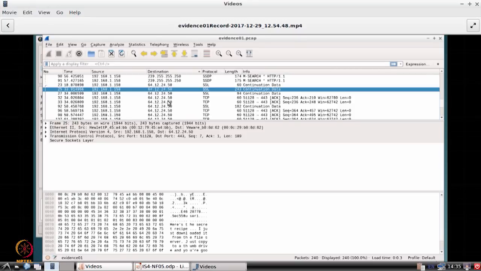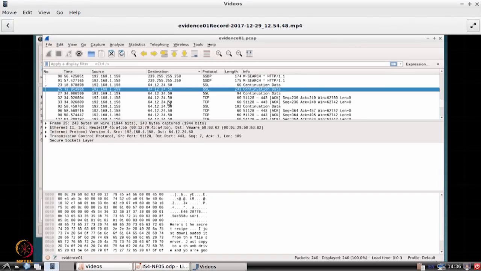So, what we are seeing is the packets from 192.168.1.158 to 64.12.24.50, and especially if you are able to track this SSL data, you are able to see something very fishy. You see that there is a string which says, here is the secret recipe, I just downloaded it from the file server, just copy it to a thumb drive and you are good to go.